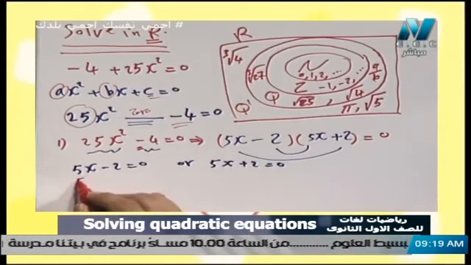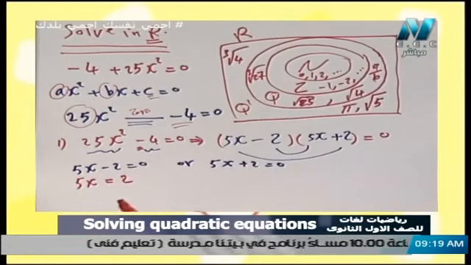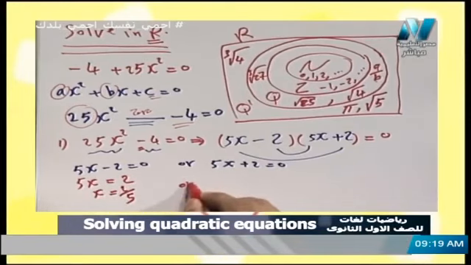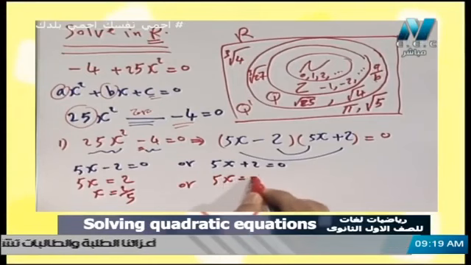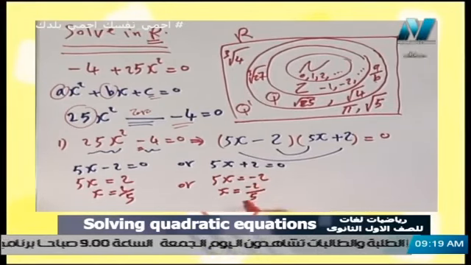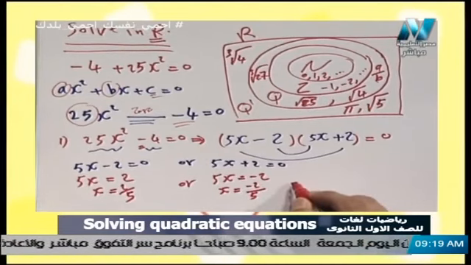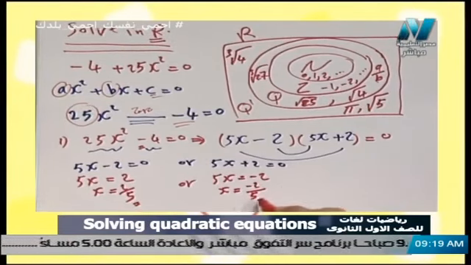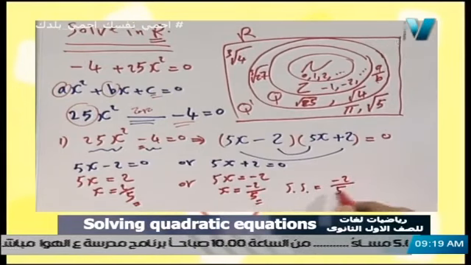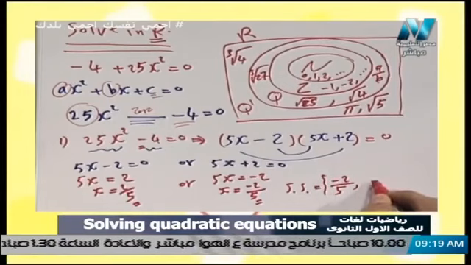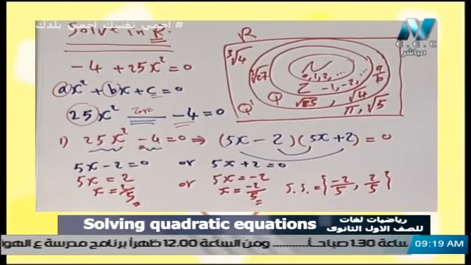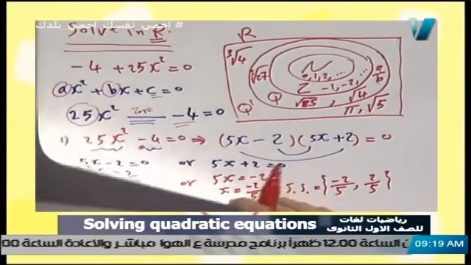We put 5x equals 2, so x equals 2 over 5, or 5x equals negative 2, and x equals negative 2 over 5. So the two roots are 2 over 5 and negative 2 over 5, or the solution set equals {-2/5, 2/5}. And then we have the solution set by this method.